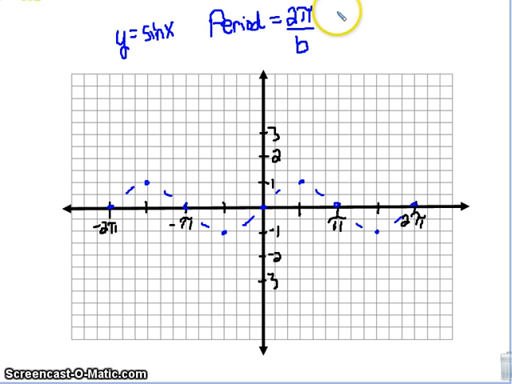So your standard form right now, we've got a sine of bx. So far, that's what we've got.